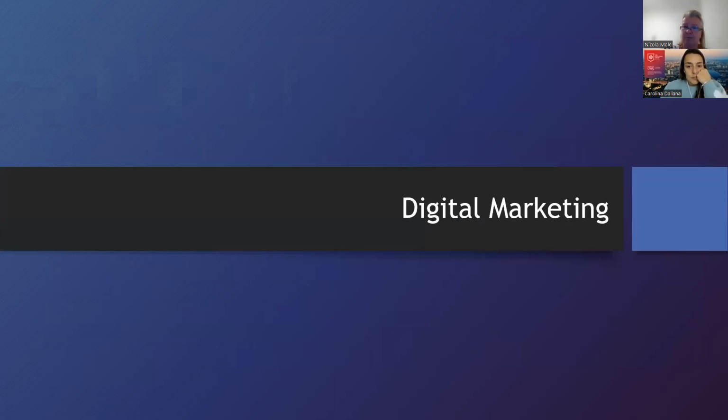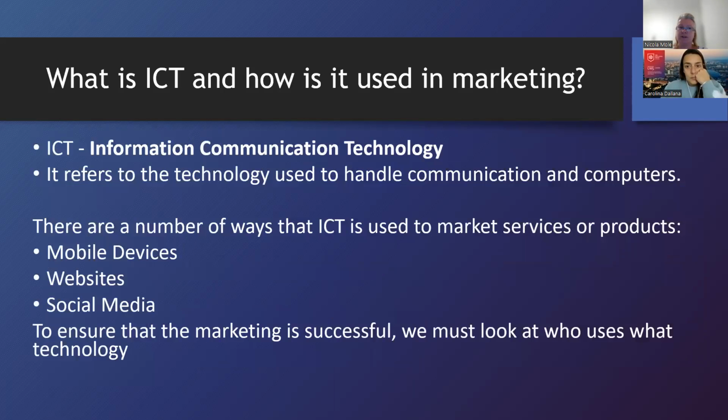Digital marketing. Okay, so this is the future of marketing. If we're going to talk about digital marketing, we need to consider what is ICT and how it is used in marketing. So ICT is short for Information Communication Technology.